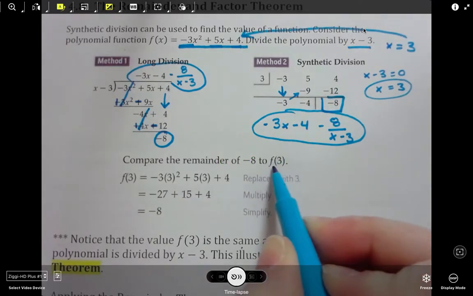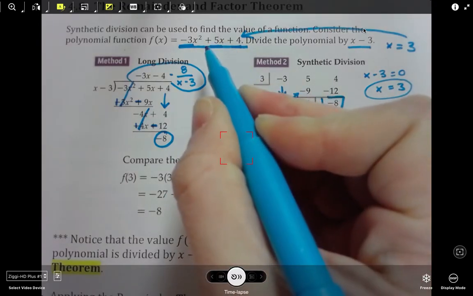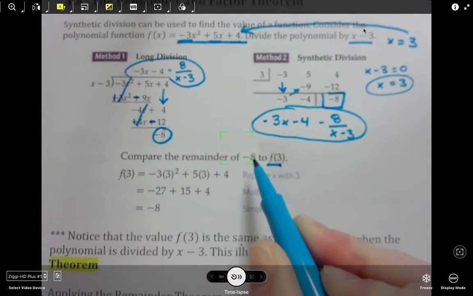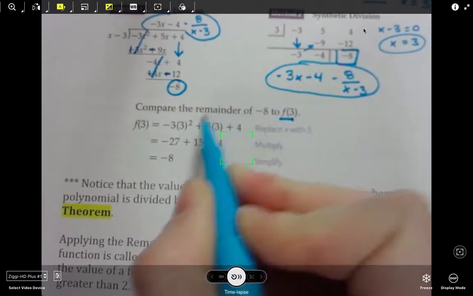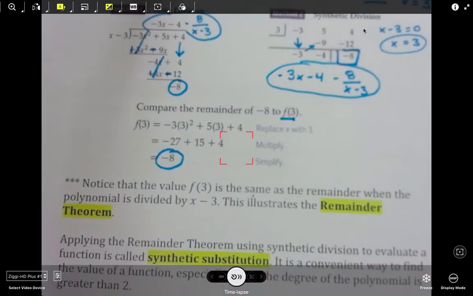Here it says f of negative 3, excuse me, f of positive 3, which means you're plugging positive 3 into this equation. That answer should come out to be negative 8. We're replacing x with 3. They've done the computation here for you, and negative 8 is the answer.